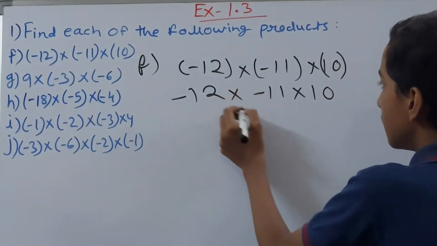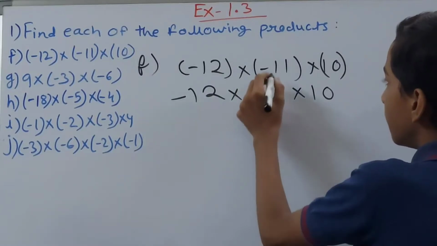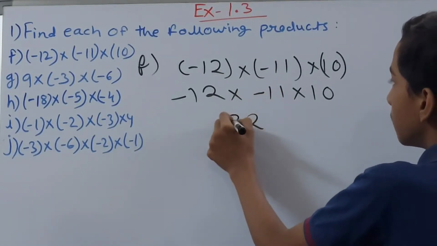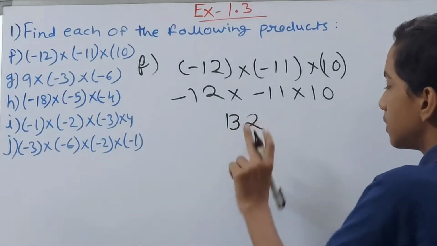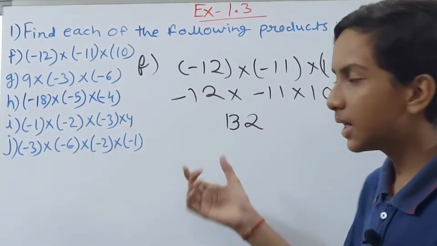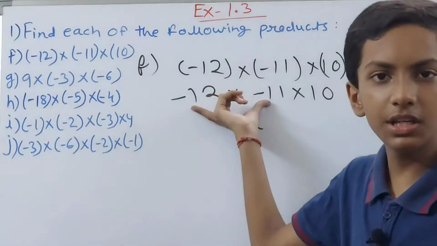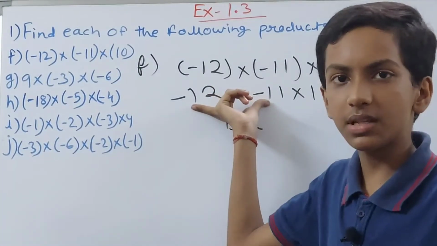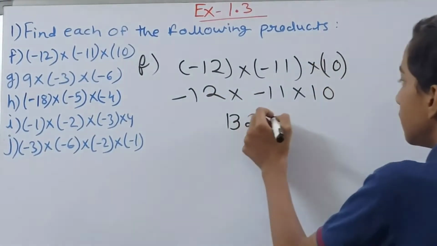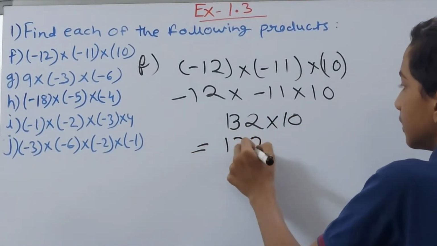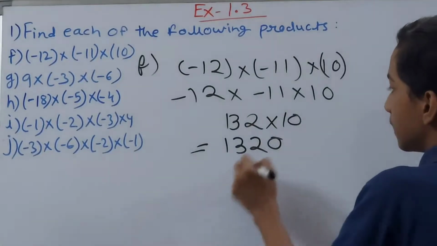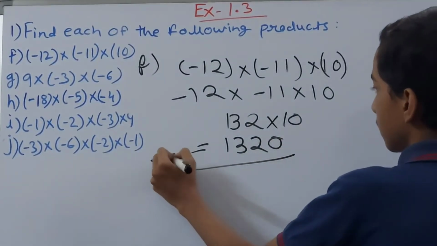So 12 into 11 will be 2 and 1 carried over, so 132. And which sign will we put? A plus sign. So just leave it like this. 132 we get by multiplying these negative integers, minus 12 and minus 11. Then 132 into 10, so this is 1320. Alright, and it is our answer.